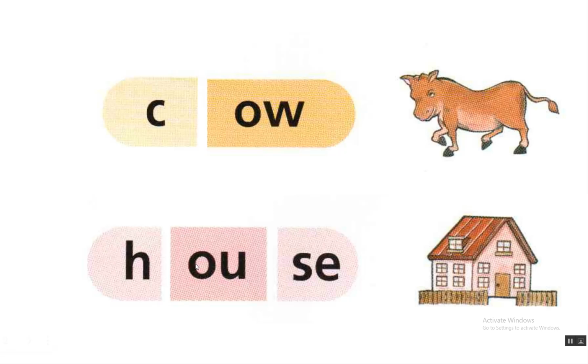So house is OU because it ends with an S, and we always have the E if a noun has an S sound at the end unless it's a plural. For example, if I was to say cows, we would put the S on there. But because it's house, singular, it's SE with the OU spelling.